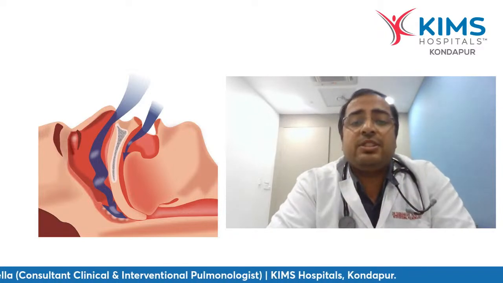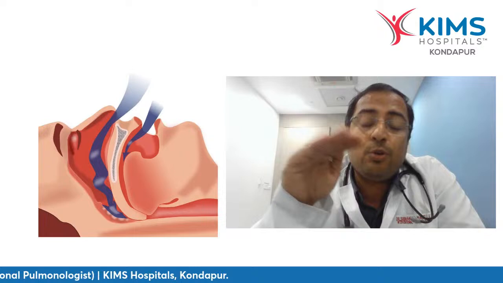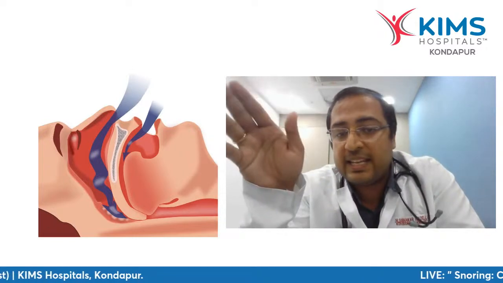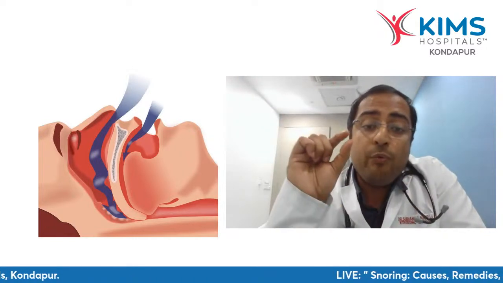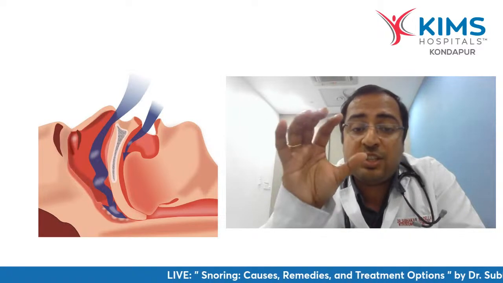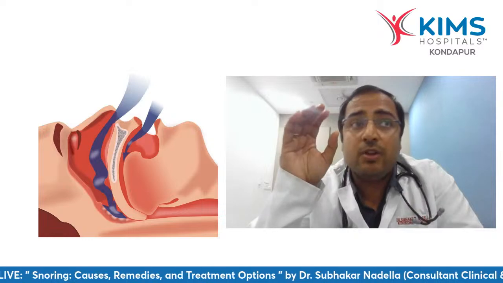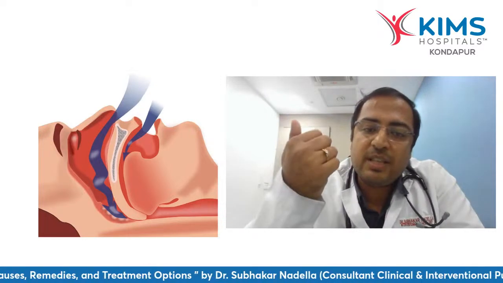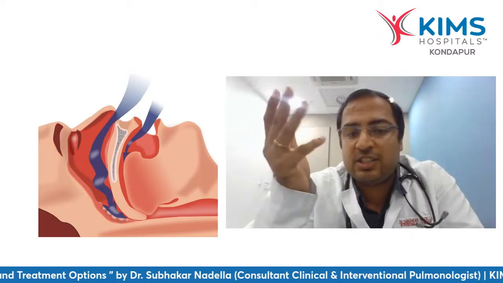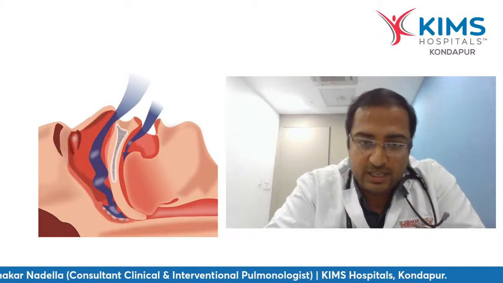We generally start with 6 centimeters of water and we gradually titrate it in 2 centimeters in the increasing trend, and see which is the best pressure at which you will get rid of these obstructive sleep apneas. So whether you need 6 centimeters, 8, 10, 12, 14, 16, whatever is your requirement, we will be documenting it.